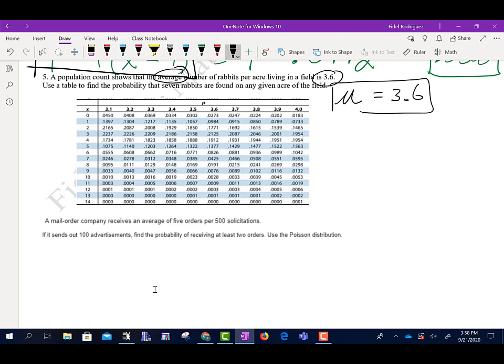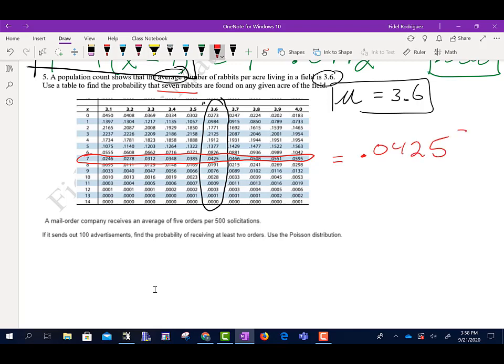It's 3.6. So I'm going to look at this part. And we're trying to find the probability that we're going to have how many rabbits? 7 rabbits. So now I'm going to do this number. And those two lines intersect at 0.0425. And there's my probability. Okay.